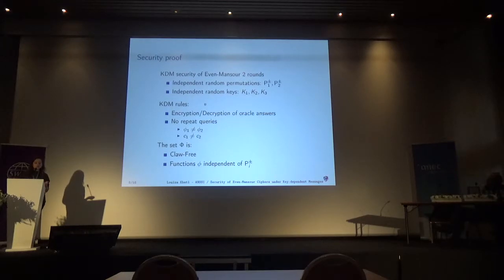So the adversary cannot encrypt a decryption done by the oracle, and he cannot perform encryption and decryption such that he will come back to the identity. And to make this proof easier, we'll say that the adversary cannot do repeated queries, the set phi has to be claw-free, and the functions in the set big phi have to be independent of the internal permutations.